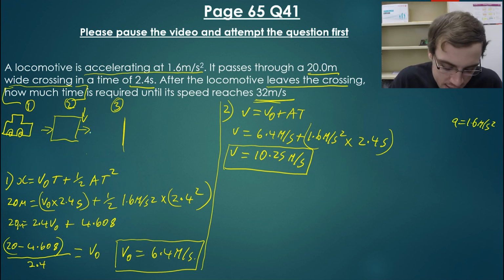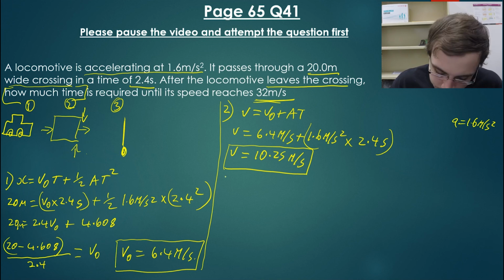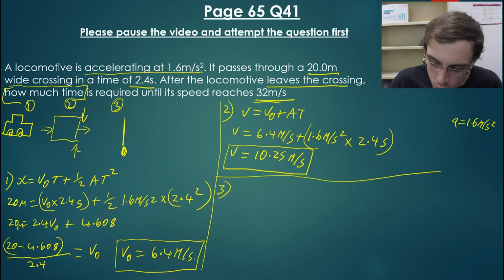Now we can use this information to calculate how long it will take the car to get from this point here to this point over here. Our final step is v equals v0 plus at.